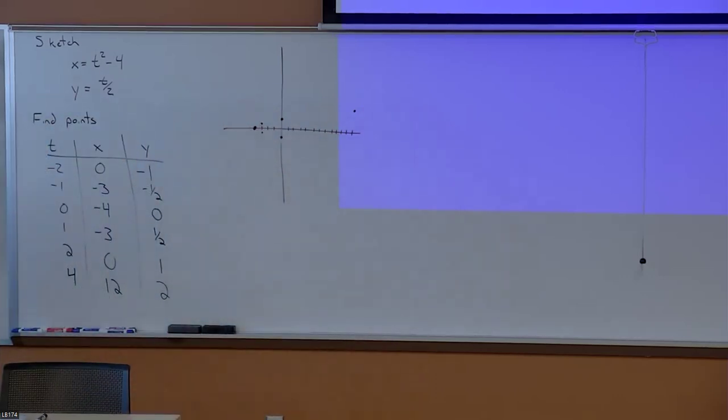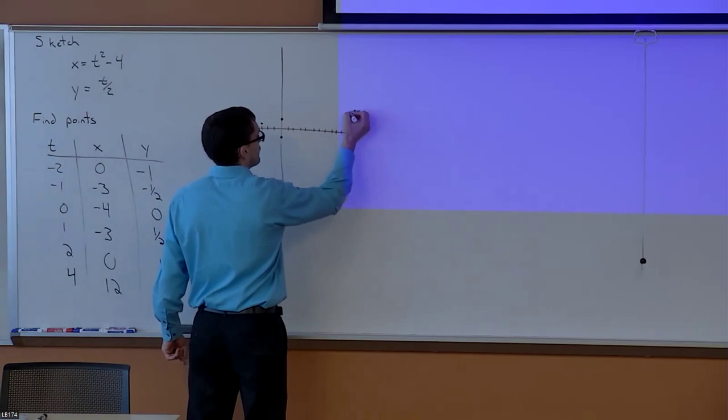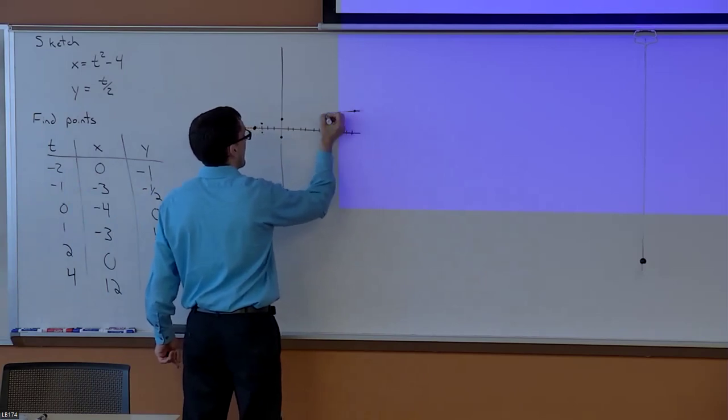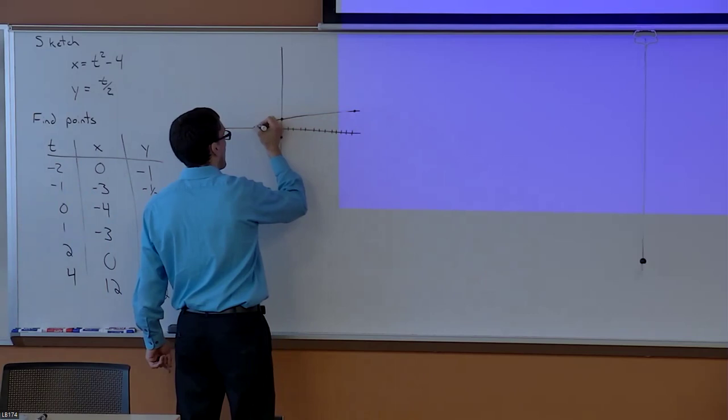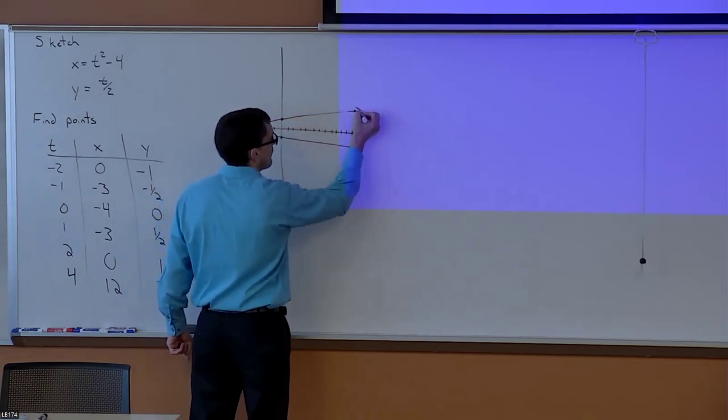And so hopefully we can kind of see what shape we're getting with the points. And the shape that I'm getting is a parabola pointed to the right.